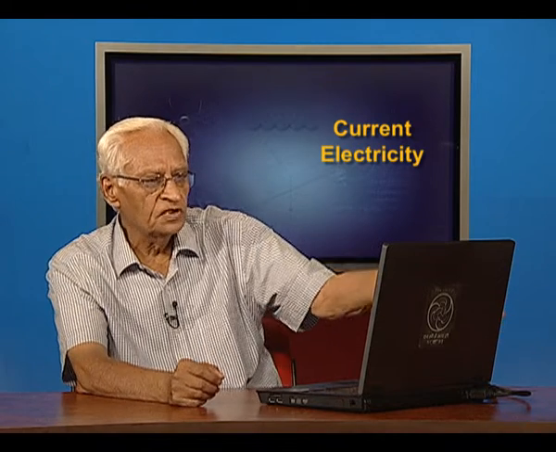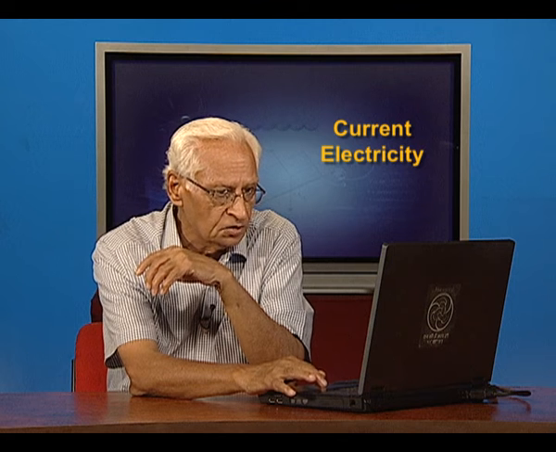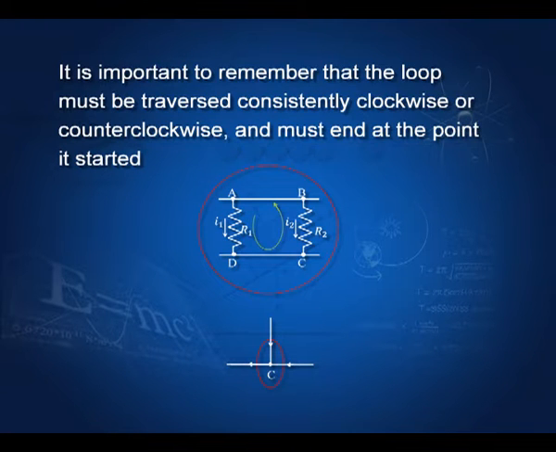The second law of Kirchhoff is called the voltage law, and it deals with voltages. And what does it say? It says that the algebraic sum of potential or voltage drops in a closed loop must be 0 if we traverse the loop consistently in a clockwise or counterclockwise direction.